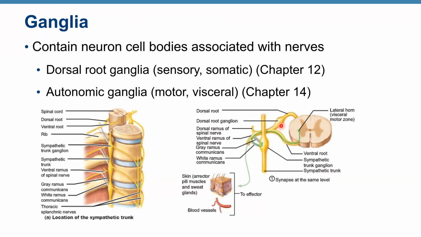So this is called ganglia, dorsal root ganglia. And this is where cell bodies of the sensory neurons are located. We do have another ganglia, autonomic ganglia. It's located in a special structure called sympathetic trunk. And we will not cover this ganglia in this lecture.